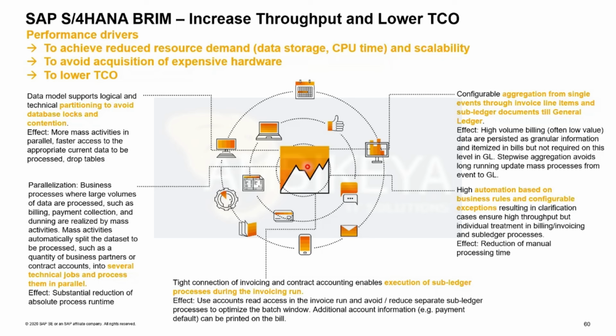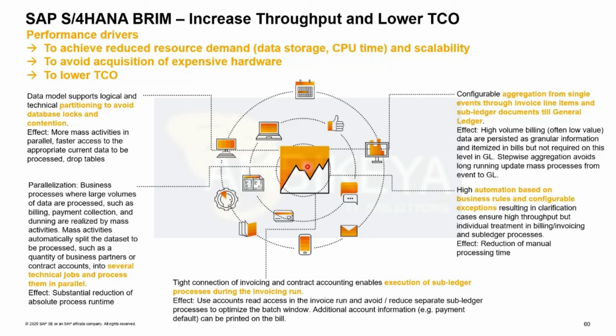We have the high automation, also mentioned before, that is based on business rules and configurable exceptions, resulting in clarification cases that ensure high throughput, but individual treatment in billing and invoicing and subledger processes. So overall, by doing this that way, we can achieve a reduction of manual processing time.